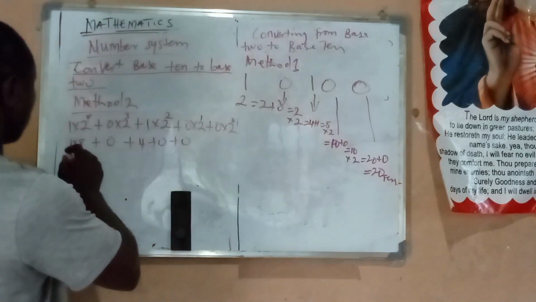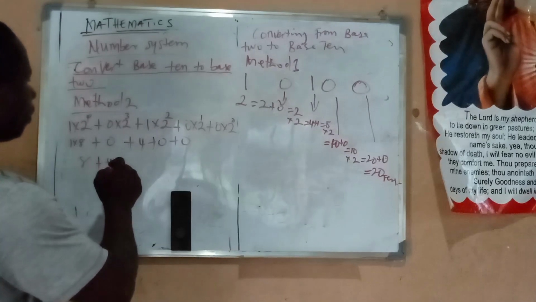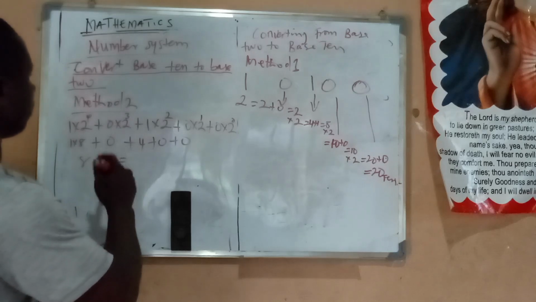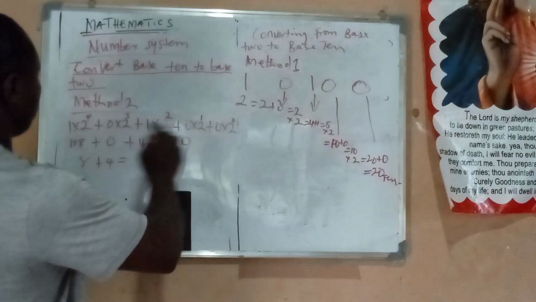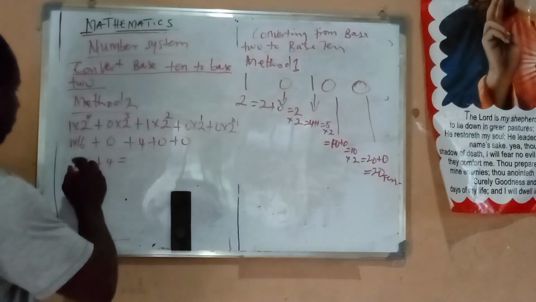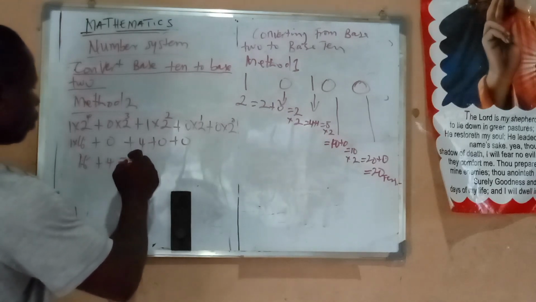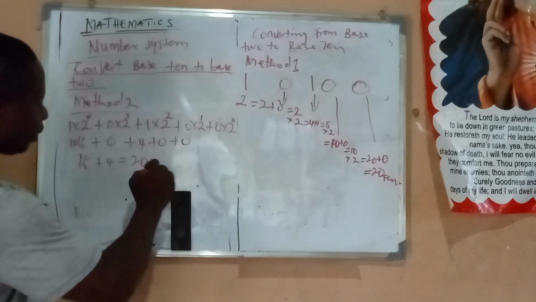So here we go. We have here 8 plus 4 equals 16, sorry. This is 16. 16 plus this is equals to 20 in base 10.